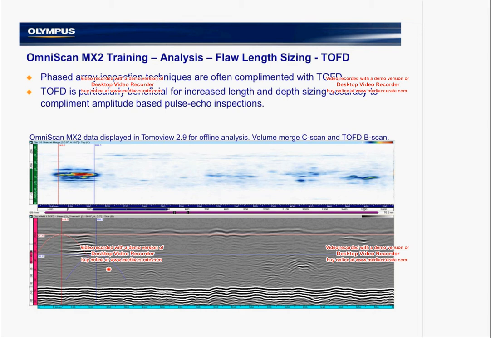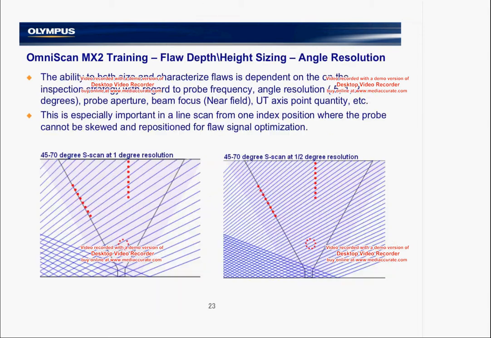The longer we travel on our sound path and the fewer angles we have for resolution, the more important it is to improve for applications where we need 1 millimeter length, depth, and height sizing over long sound paths, such as in thick vessels. We're aided greatly by the use of TOFD for our length sizing.